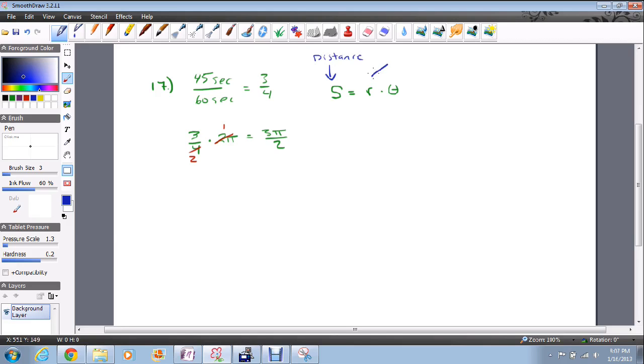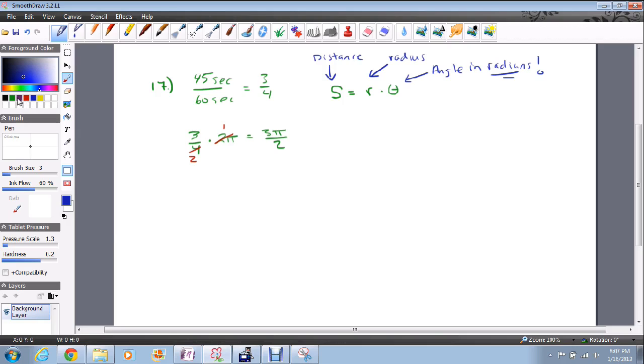R, I think that's kind of obvious, that's our radius, which we're given in the problem. And theta, this is really important, it's our angle in radians. So do not put a degree measure in here. Do not put 270 degrees in here. Put 3 pi over 2. And there's kind of a hint in the problem to leave it in radians just because it said leave it in terms of pi. That was kind of a key thing in this problem.